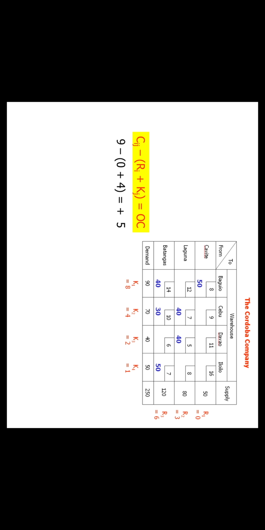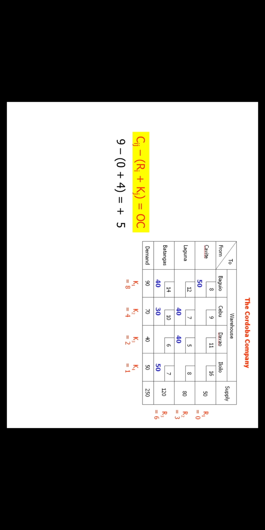In fact, let me marry the two processes. So again, focusing on the unused cell with a cost of 9. If you are now to use the stepping stone method, then that means you now have to trace the closed path of that particular unused cell, which in this case would be from 9, you go down to the used cell with a cost of 10. Then you go left to the used cell with a cost of 14. Then you go up to the used cell with a cost of 8, back to our unused cell with a cost of 9.